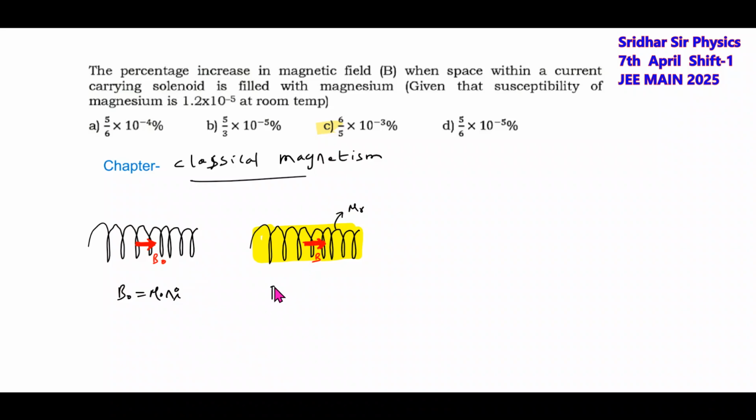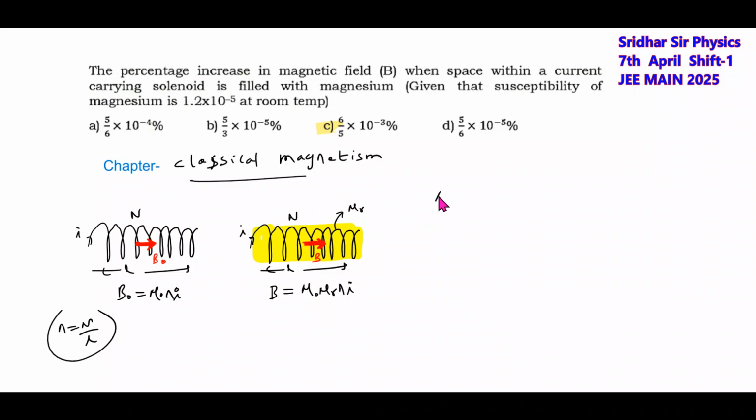When I fill this with a new medium, it will become mu naught mu r N i. The same number of turns per unit length, this ratio will not change, it will remain as it is. Now by what percentage will this become, mu r?